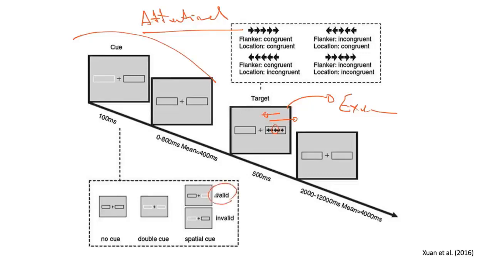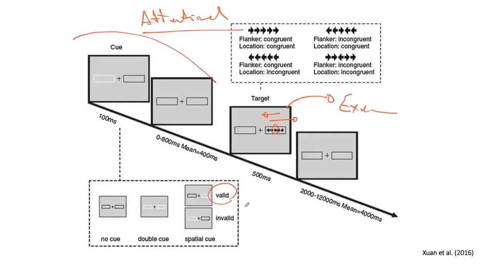They give you something like a white rectangle, and you know that the target is going to happen under the white rectangle if it is valid. Just on a few occasions they give you invalid cues.